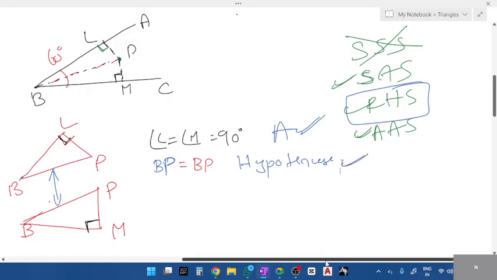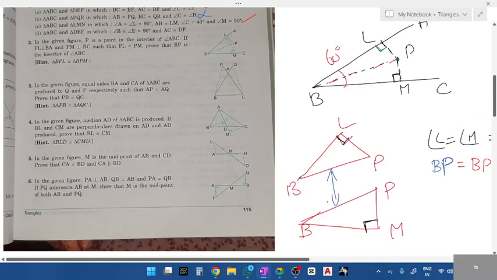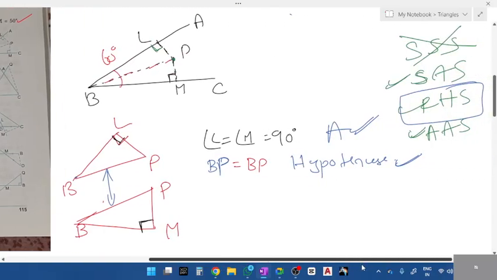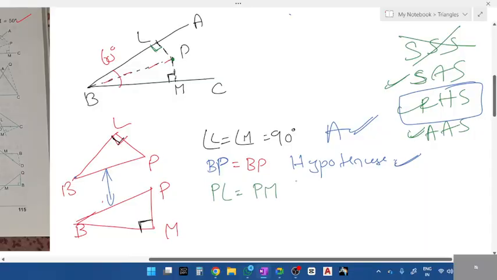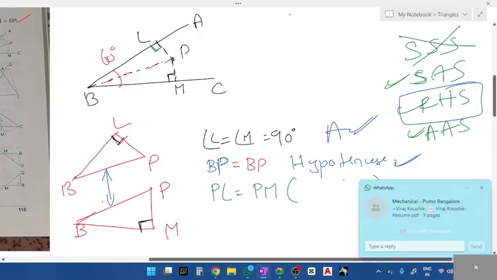Yes, go back to the question. Check if any side is equal. Read the question. Which side is equal? PL is equal to PM. They have given it in the question. So PL is equal to PM. Did we find this or was it given in the question?